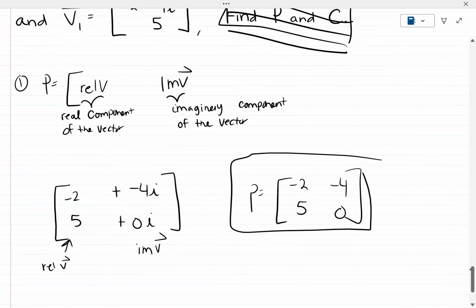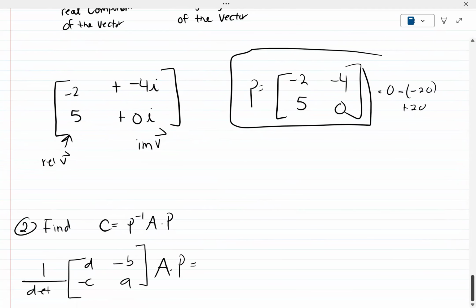Main diagonal minus the other: 0 times negative 2 is 0, minus negative 4 times 5, which is negative 20, gives you plus 20. So 1 over the determinant is 1 over 20.